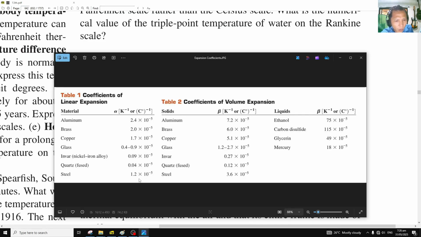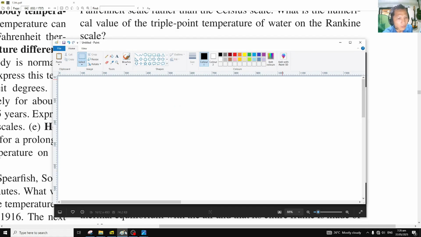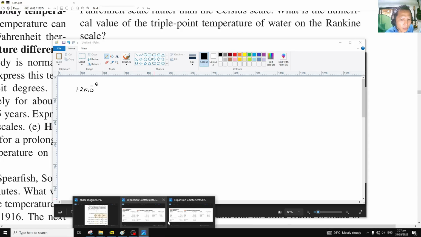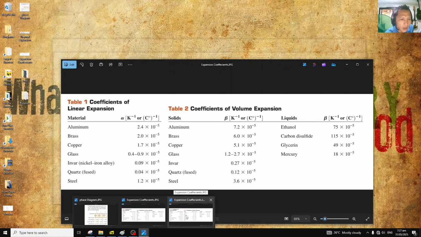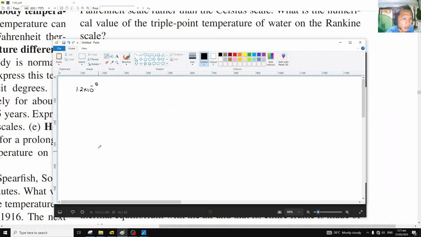For steel, alpha is 1.2 times 10 to the negative 5 per Kelvin or per Celsius, because that is a change in temperature. Kelvin and Celsius are the same here.